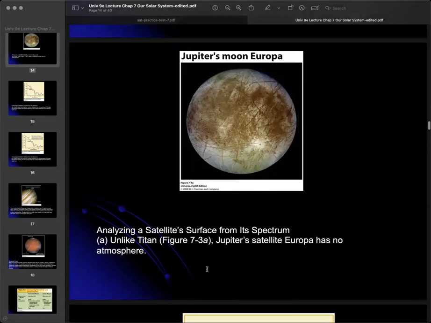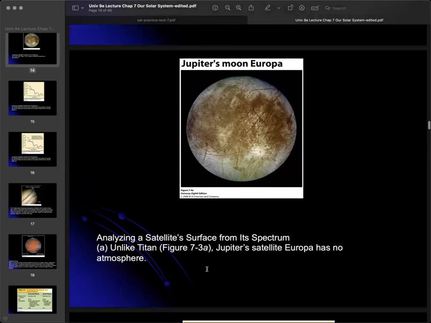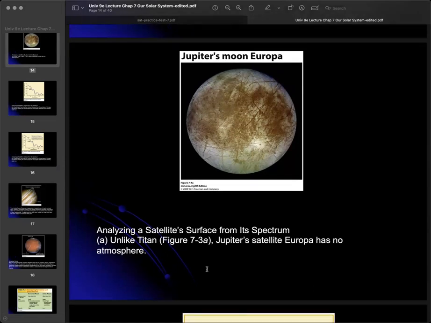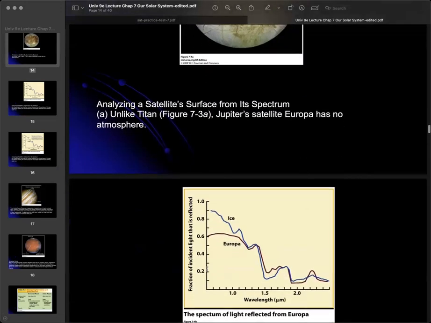And underneath that, there is liquid water. So this is an object of interest in terms of finding life, or at least having conditions suitable for life.